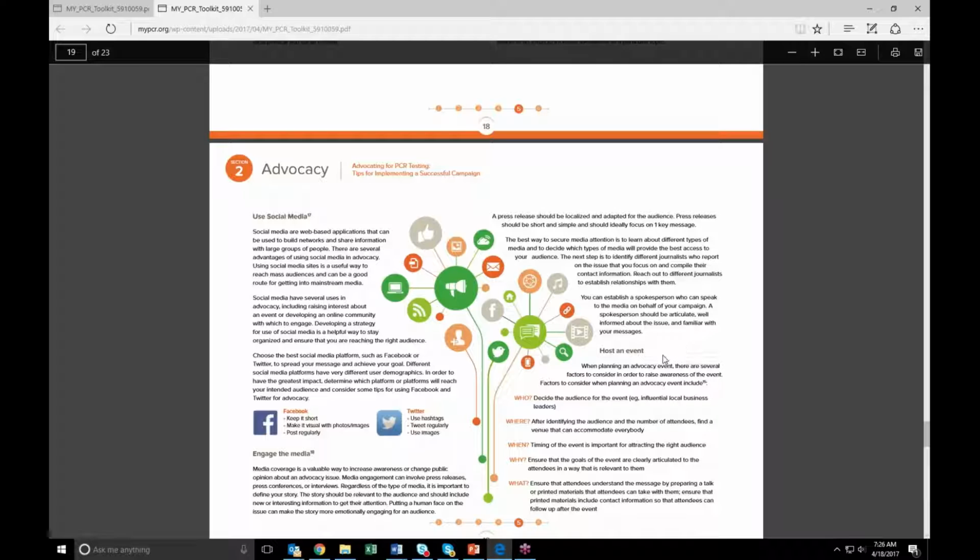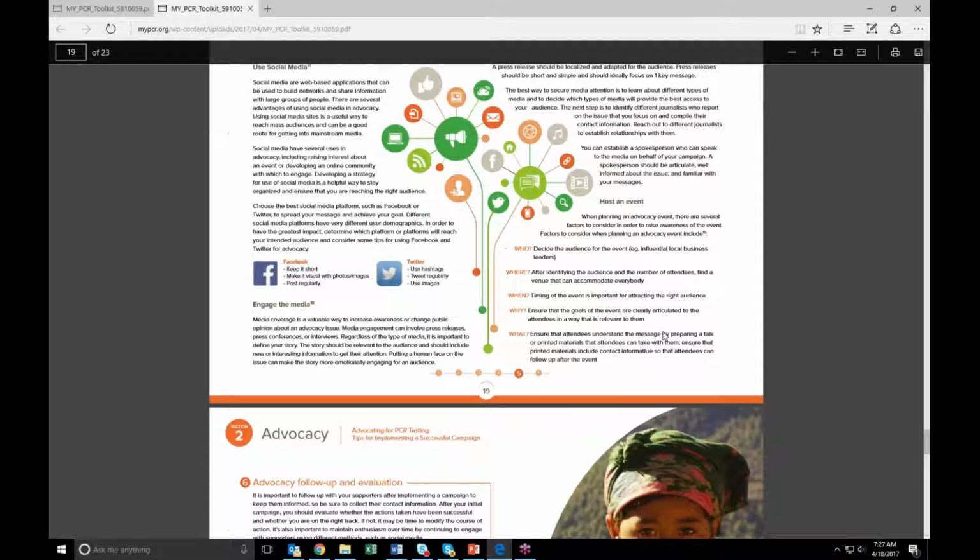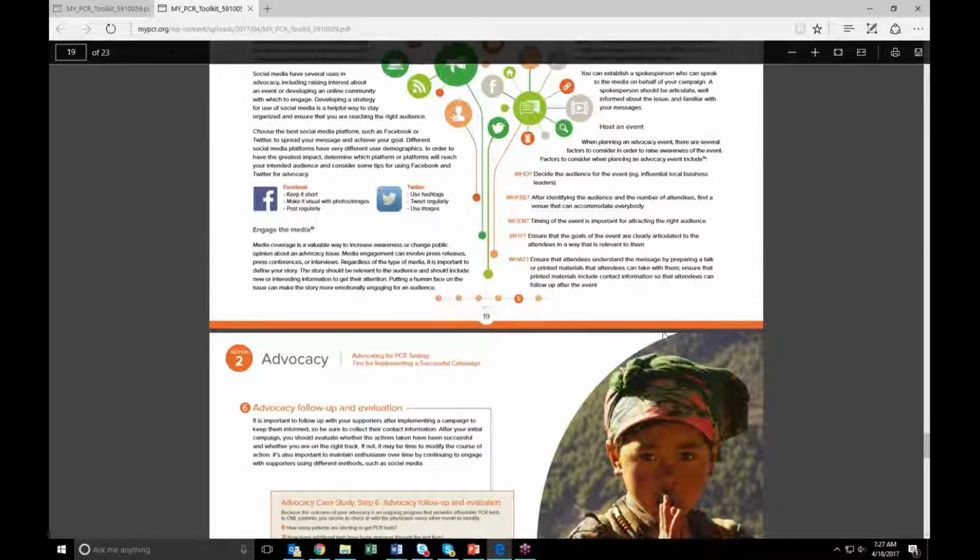Around social media, we put in some advice around using social media. Very, very limited content there, but we have included links to where people can find out more information about how to use social media when campaigning in general.